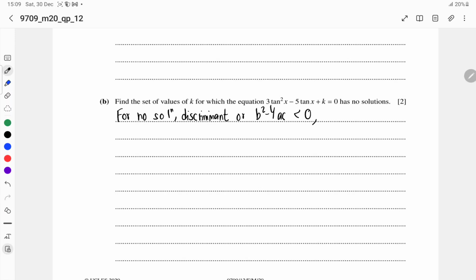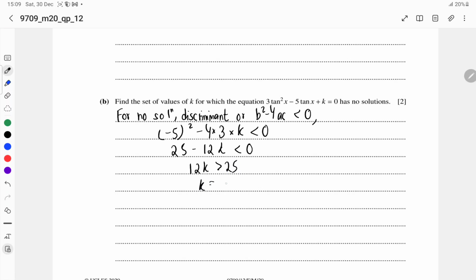What's b? It's negative 5, so negative 5 squared minus 4 times a, which is 3, times c, which is k, should be less than 0. 25 minus 12k is less than 0, therefore 12k must be greater than 25.